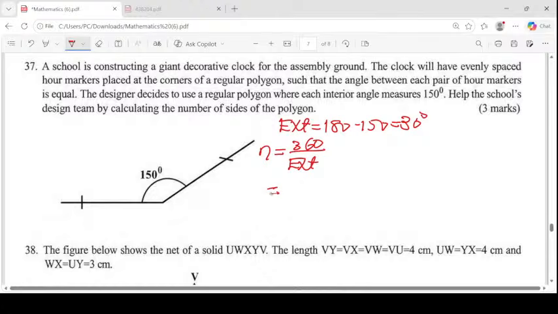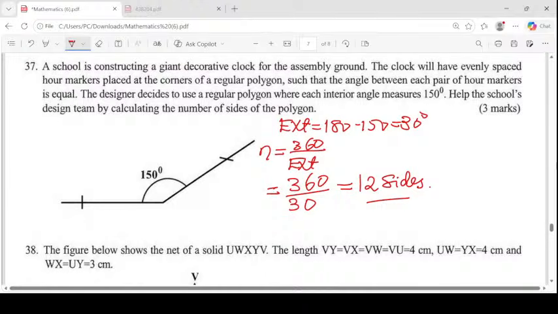So this is 360 over 30, which is equivalent to 12 sides. That is the number of sides. I hope that has been well understood, ladies and gentlemen.